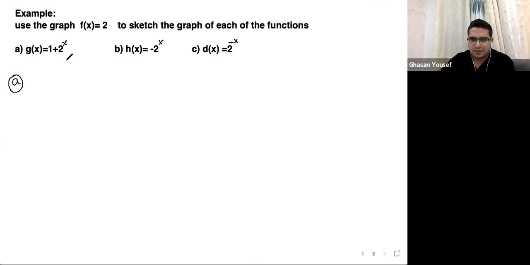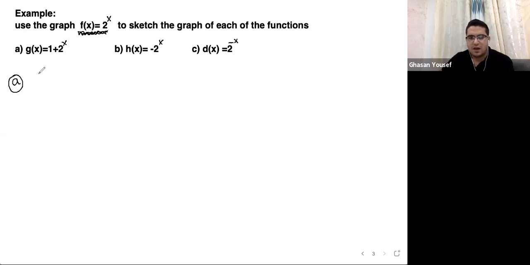What is my original function? This is my original function of x equal 2 to the power x. This is like O of x, as we said before, if you remember. Before we were saying O of x, but today they give you a name for this function, f of x.